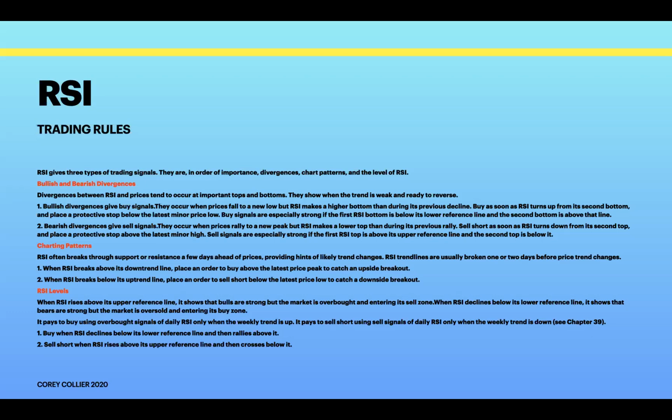Previously, it just said when RSI enters or is above that top line, the bulls are in strong control. So if the bulls are still in strong control, plus the first chart's telling you the trend is up, that's a continuation signal. All right, and it's the exact opposite for the short. If it's below that 30 to 0 reference line, and your first chart is still telling you to sell, that's a trend continuation for a sell signal.